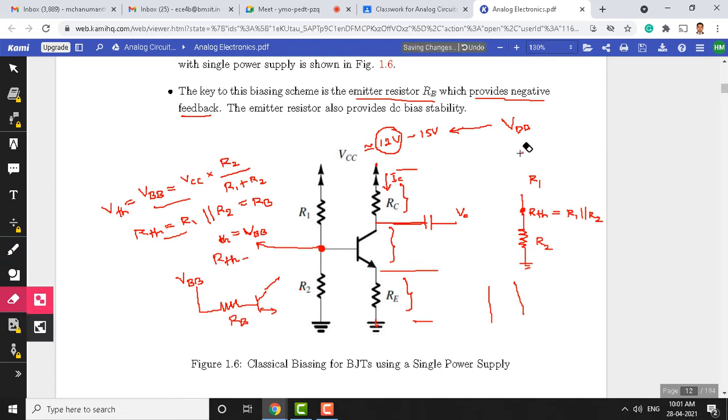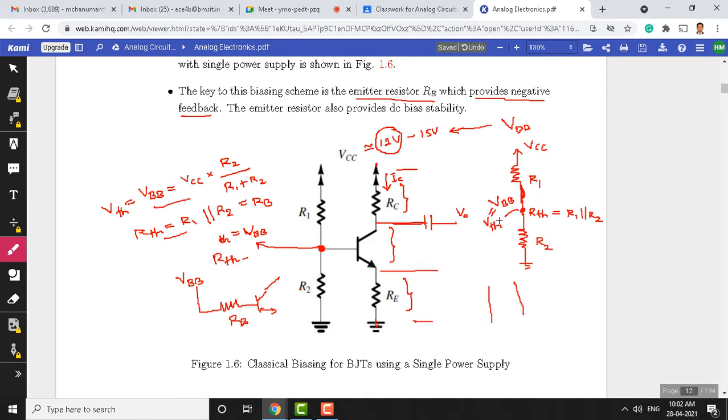Here let me use a resistor, this resistor, and here I will connect it to VCC. Now what is the voltage here? If I call this voltage VBB, which is equivalent to V Thevenin since we are applying Thevenin's theorem, I can also label the voltage at this point as V Thevenin. Now what is the expression for V Thevenin?